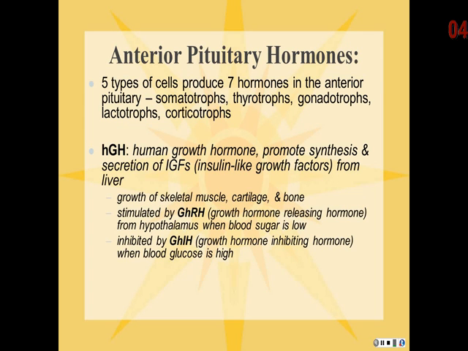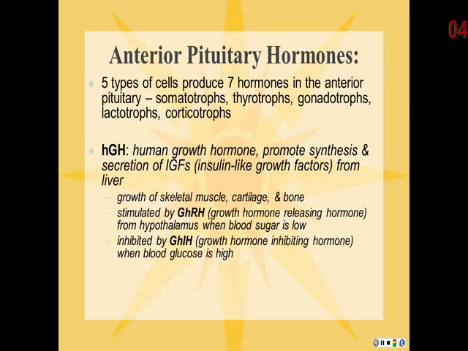In the anterior pituitary, we have 5 types of cells that produce 7 different hormones. The cells are the somatotrophs, thyrotrophs, gonadotrophs, lactotrophs, and corticotrophs. HGH, or human growth hormone, helps to promote the synthesis and secretion of the IGFs, or insulin-like growth factors, from the liver. The HGH stimulates the growth of lean tissues such as skeletal muscle, cartilage, bone, and muscle.